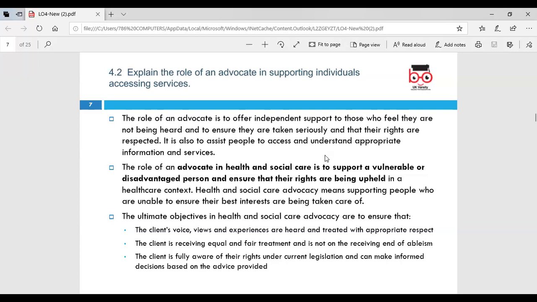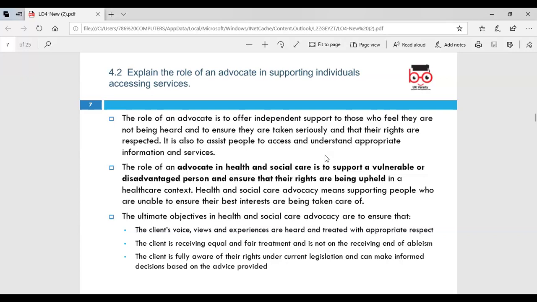So the ultimate objectives of advocacy will be to ensure that the client's voice, their views and experiences are being heard, and they are treated with respect, and all the ethical principles are intact while you're dealing with them. The client is receiving equal and fair treatment. It's transparent, and they're not receiving the end of ableism.